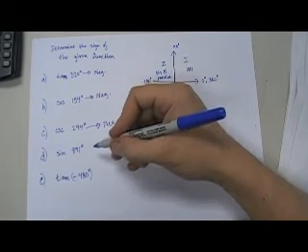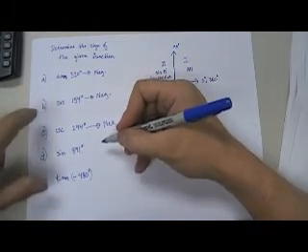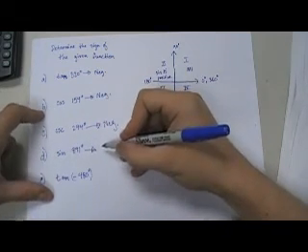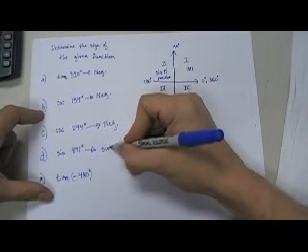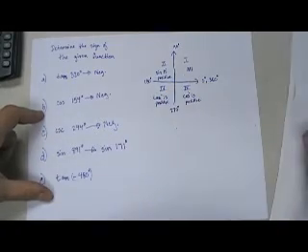And I get 531. Still not in a 360 degree range. So we subtract 360 again. And this time I get 171 degrees. So sine of 891 is the same thing as asking the sine of 171.